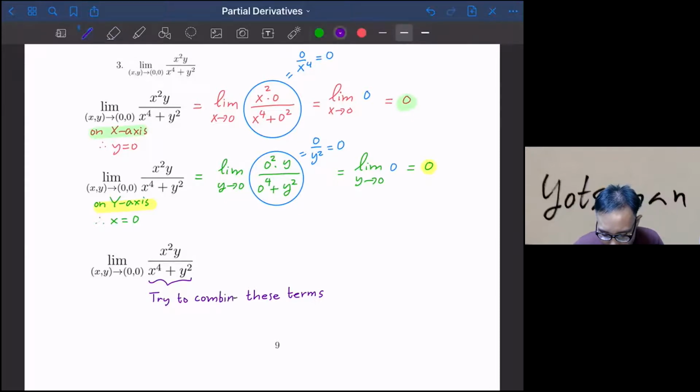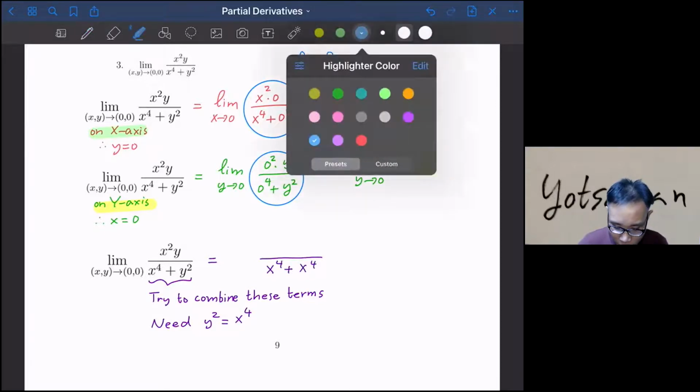What does it mean to combine this term? You see x to the fourth plus y squared. To combine this term, you need y squared equal to x to the fourth. If y squared equals x to the fourth, the bottom becomes x to the fourth plus x to the fourth, and you'll be able to combine the terms.